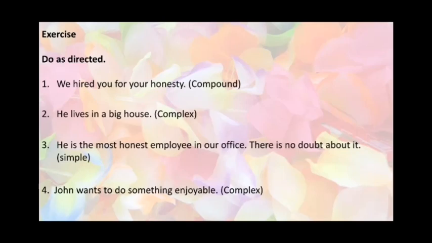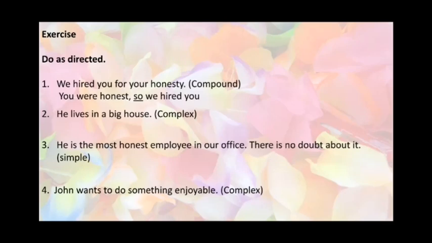We have to use a coordinating conjunction. You were honest. We have taken the last part of the sentence. You were honest, so we hired you. We have put a comma in between because there's a pause there.